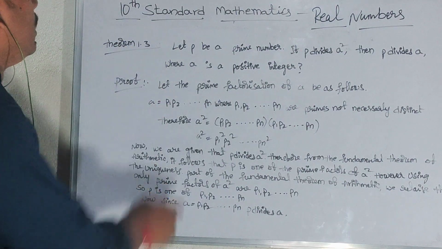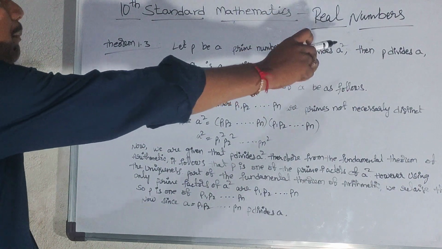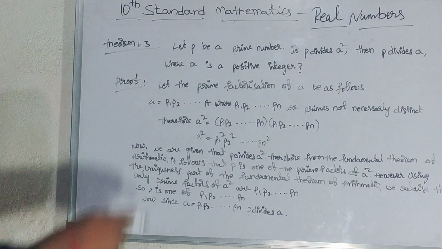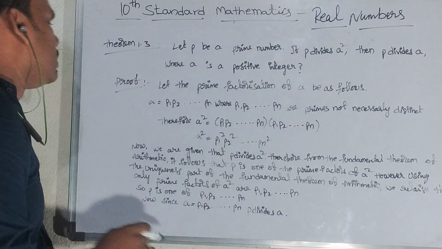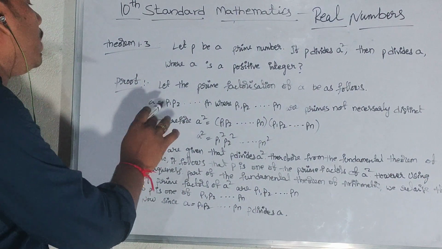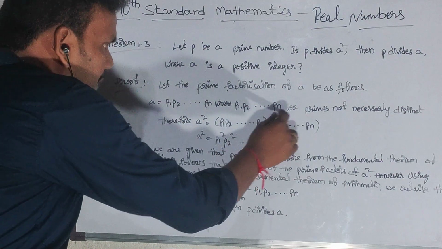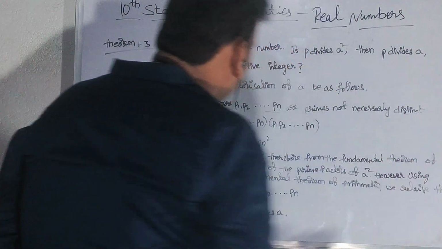Theorem 1.3. Let p be a prime number. If p divides a square, then p divides a, where a is a positive integer. Proof. Let the prime factorization of a be as follows: a equal to p1 p2 up to pn, where p1, p2 up to pn are primes, not necessarily distinct.